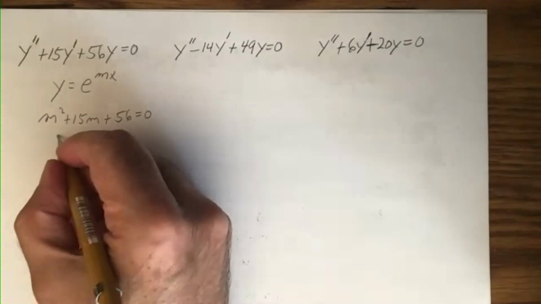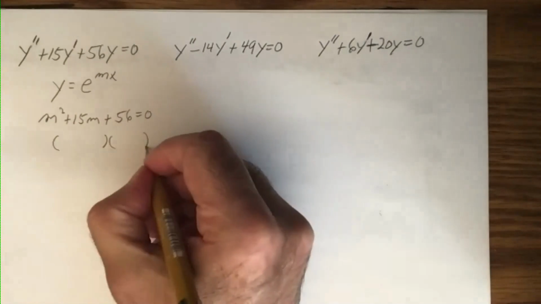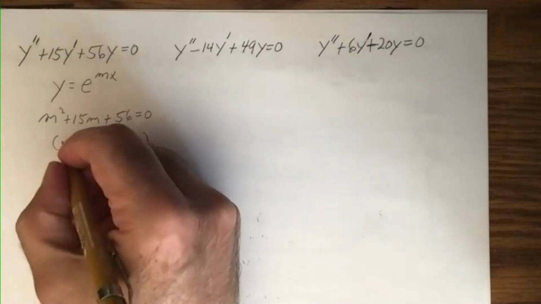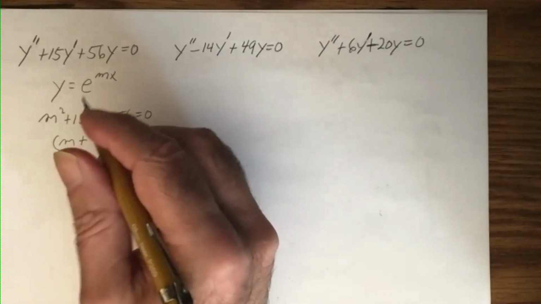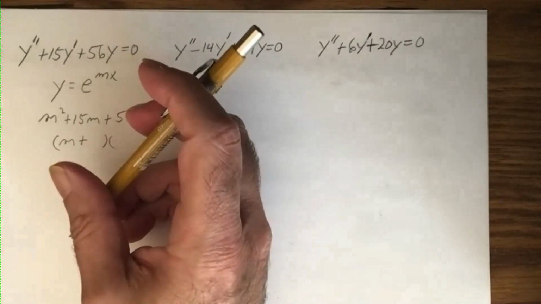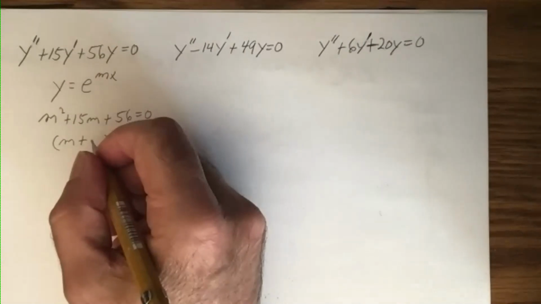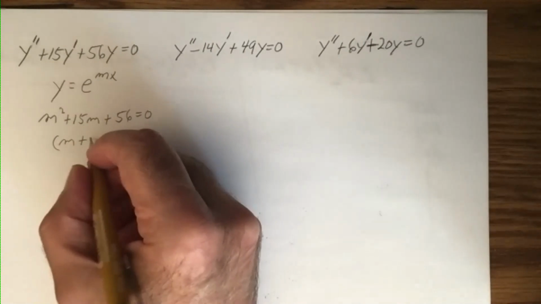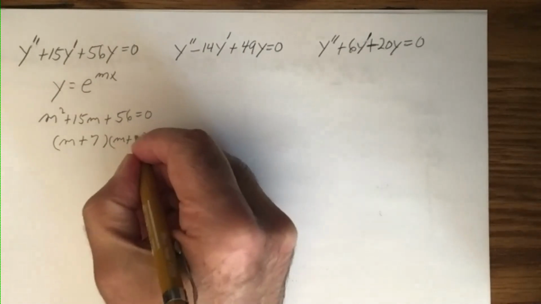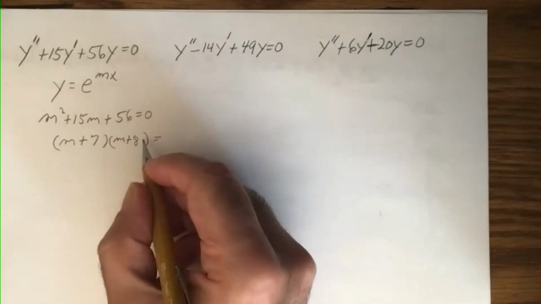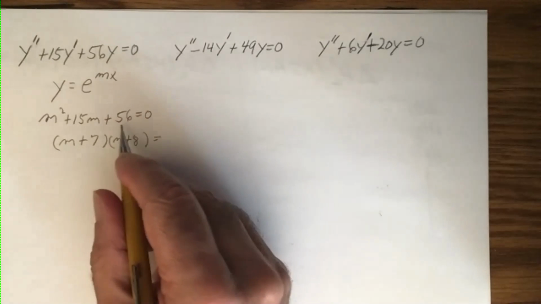Then I can factor this, right? Let's see. We could factor this into m plus 7 and m plus 8. I was thinking 56.